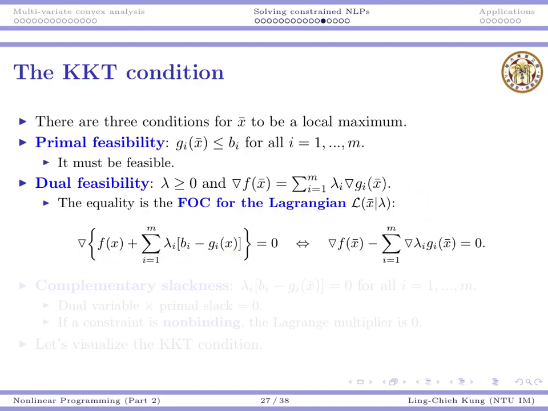What the dual feasibility is saying is that I give you a problem, do the Lagrangian, and then an optimal solution must satisfy the first order condition for the Lagrangian. The Lagrangian relaxation is some kind of relaxation of the original problem. If a solution can be optimal to the original problem, it must also be optimal for the relaxed problem.